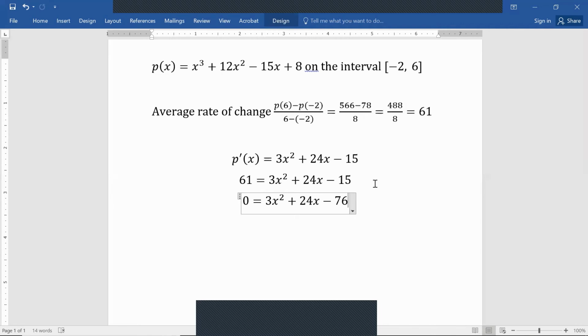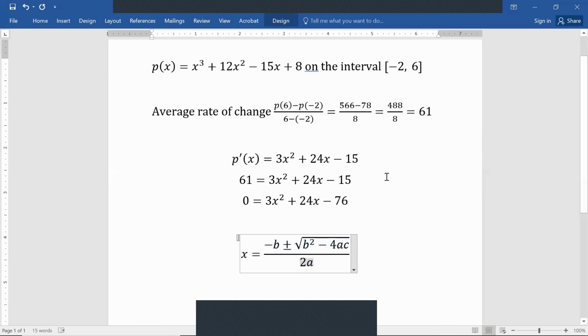There's a number of things you could do if we wanted to solve this for x, but probably the most efficient way is to do the quadratic formula. X is equal to the fraction whose numerator is -b plus or minus the square root of b squared minus 4ac, and the denominator is 2a.